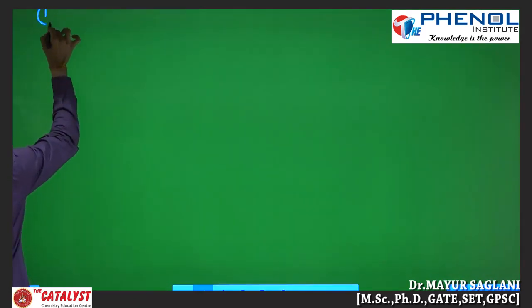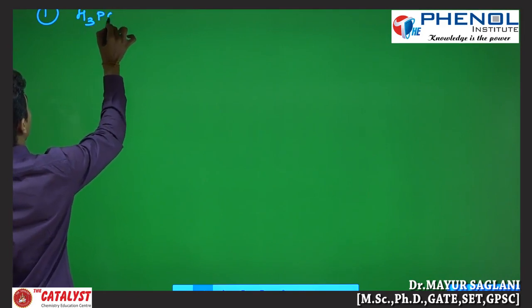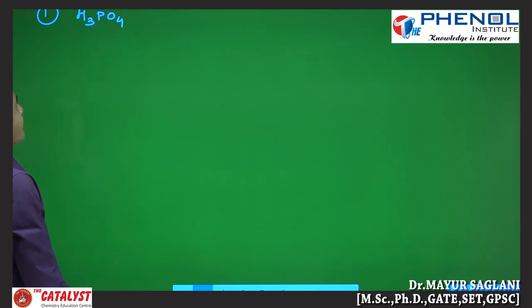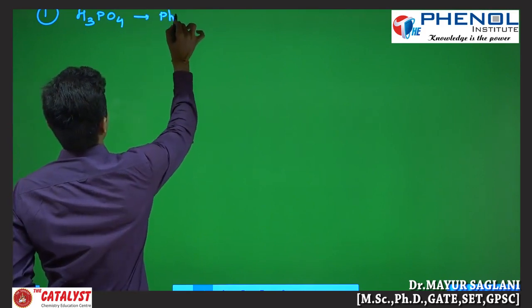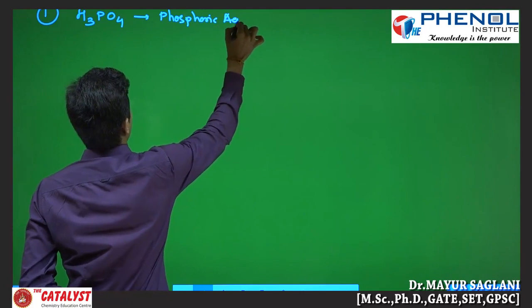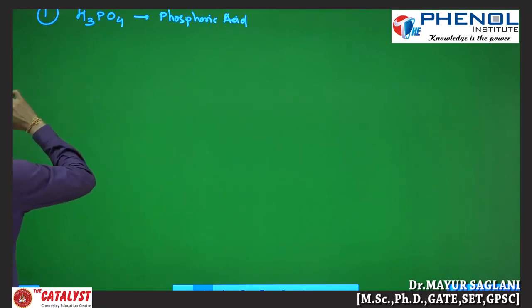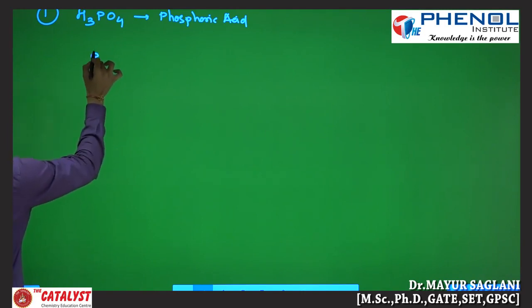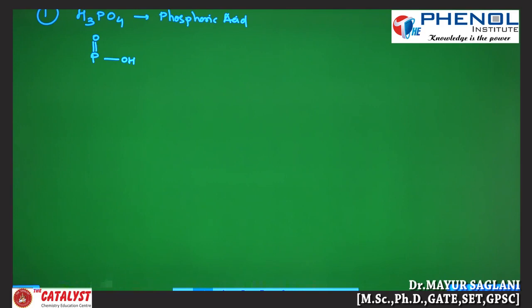Okay, now see. If you write for phosphorus, the first acid is H3PO4. Fine, you can write it as phosphoric acid, is it or not? Phosphoric acid. Okay, fine. The structure of phosphoric acid I already mentioned: there should be one double bond O and one OH bond present with the central atom.